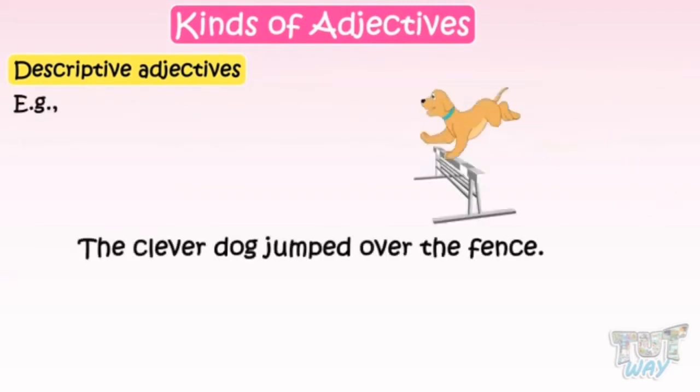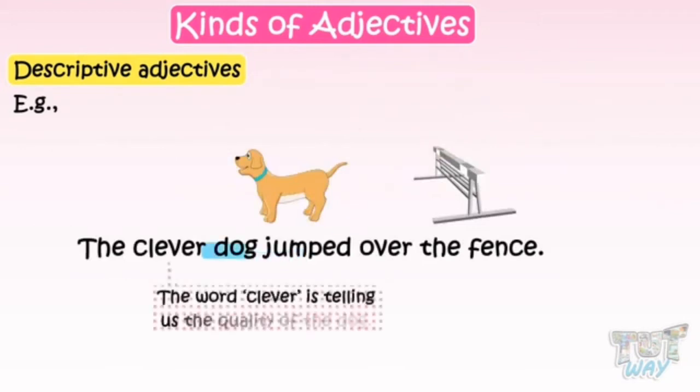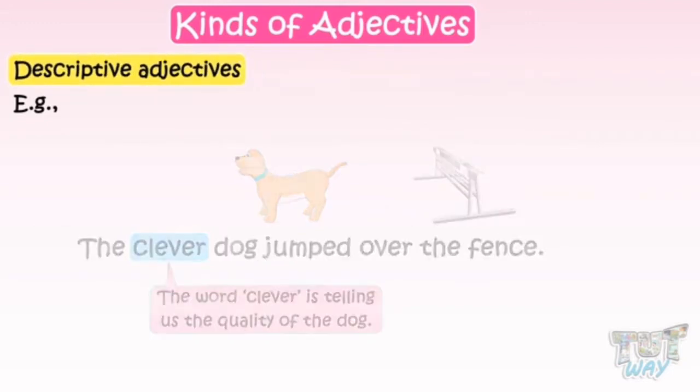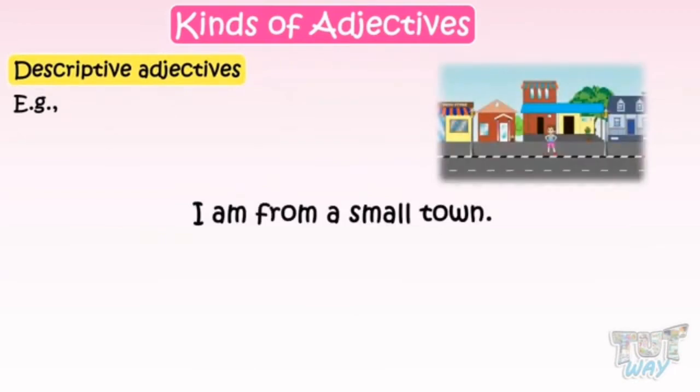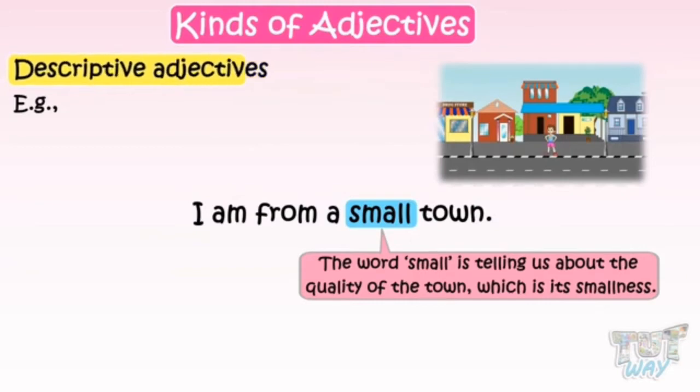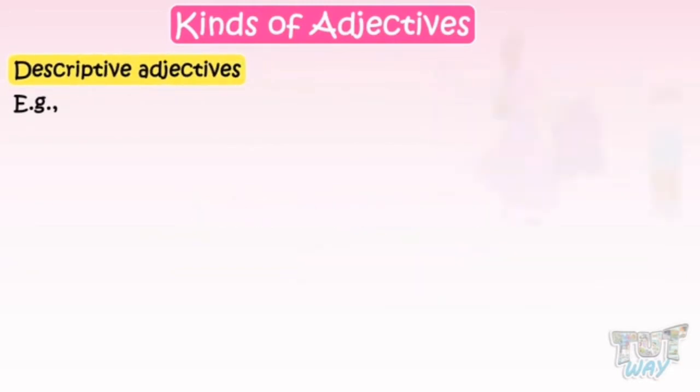Okay? For example, the clever dog jumped over the fence. The word clever in the sentence is telling us the quality of the dog. So it's a descriptive adjective. In I am from a small town, the word small is telling us about the quality of the town, which is its smallness, and therefore it is a descriptive adjective.